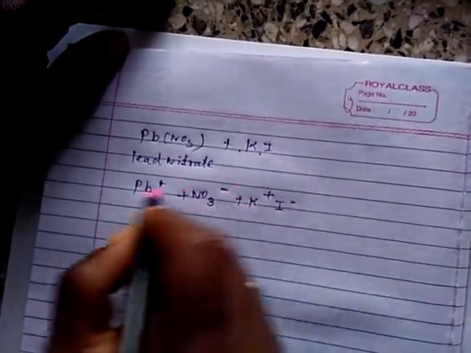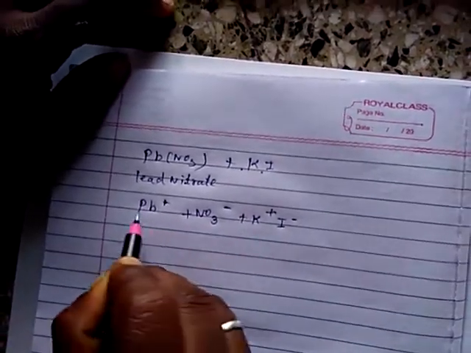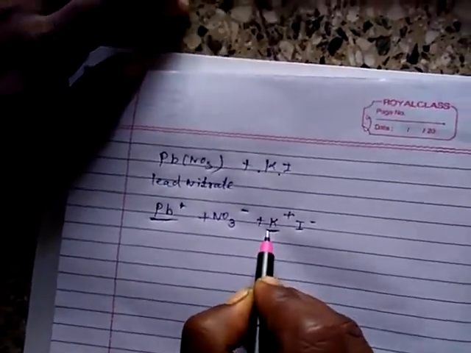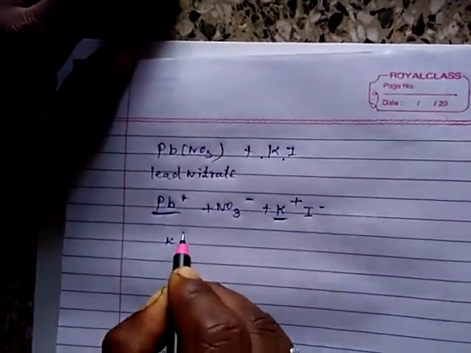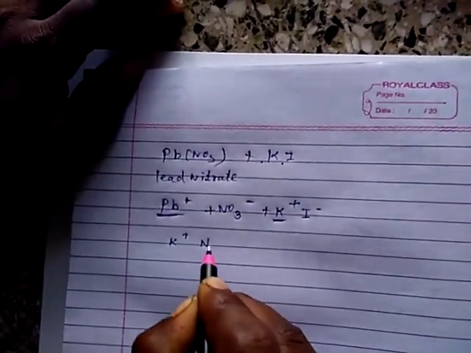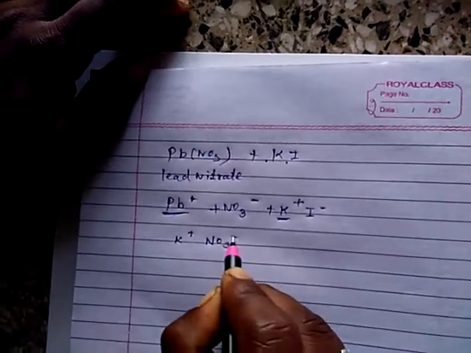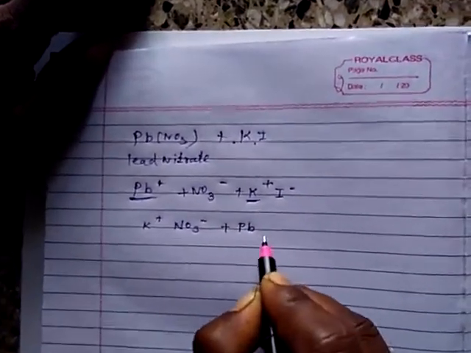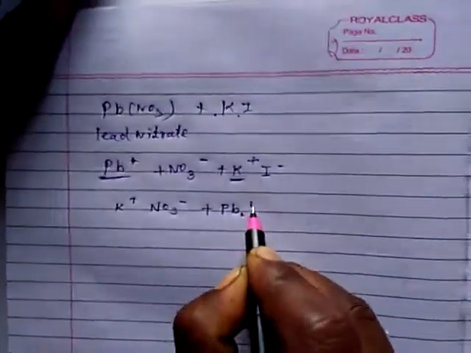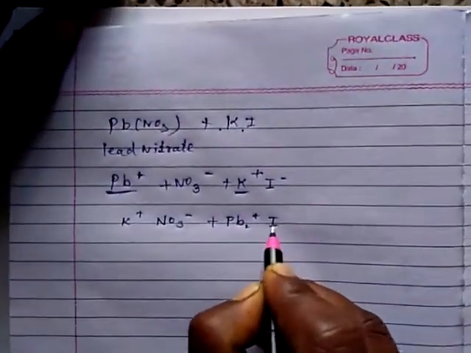Now let's exchange lead and potassium ions. What am I going to get? Potassium ions, nitrate anions, plus lead ions, iodide.